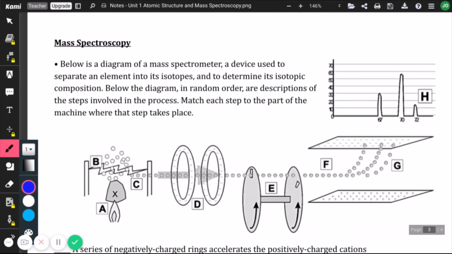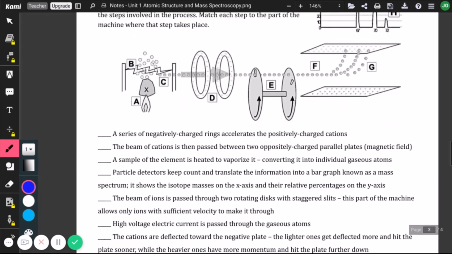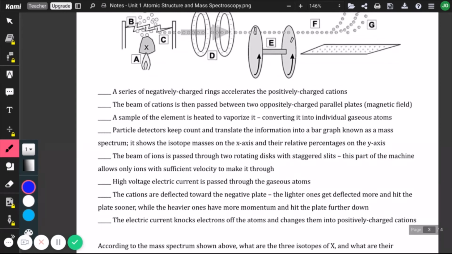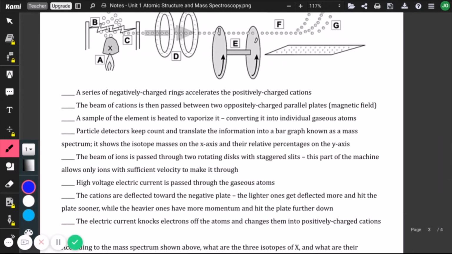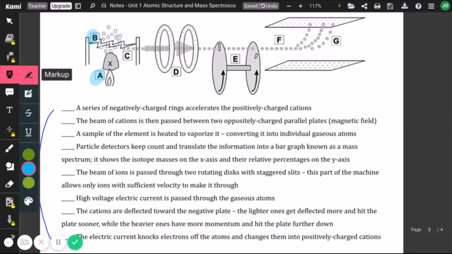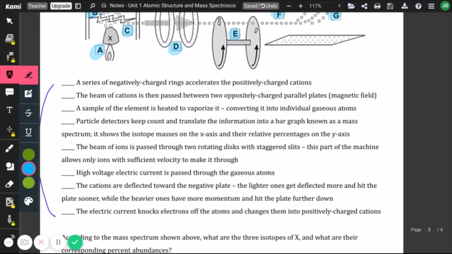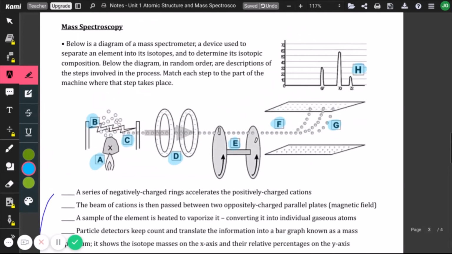Okay, so here's what I want you to do. Before we actually start on this, I want you to come down and read through all of these. Read through them all, and I want you to assign each a letter, A, B, C, D, E, F, G, and lastly, H. I want you to try to figure out what's going on in each of those in a mass spectrometer.